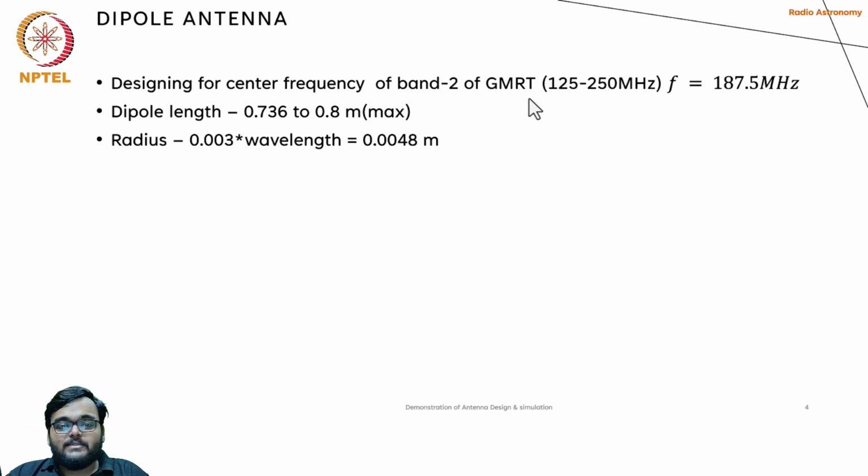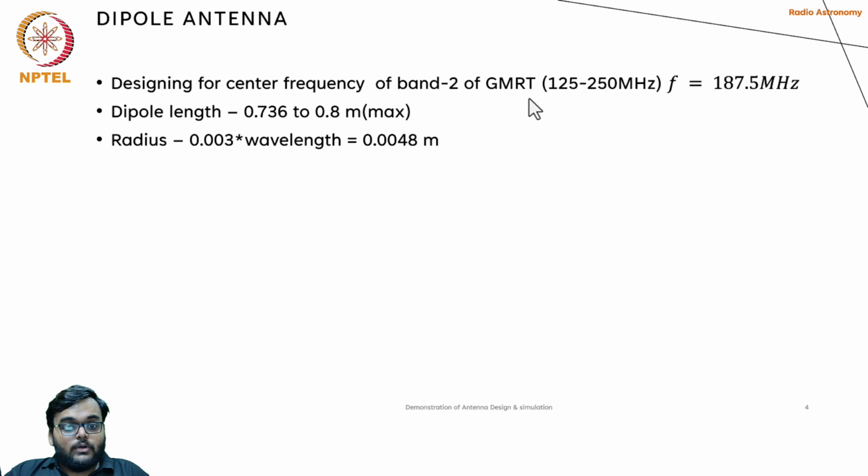The radius we kept at 0.003, and if you remember correctly, I quoted in the last lecture that the radius of the antenna governs the bandwidth of operation for a dipole antenna, which we were able to see in 4NEC2, but we will be able to see it more promptly and comparatively in the CST simulation software.